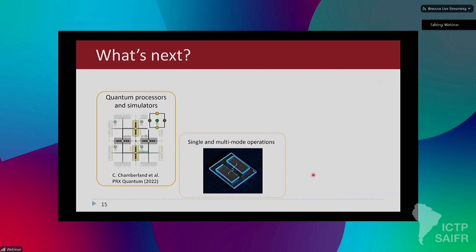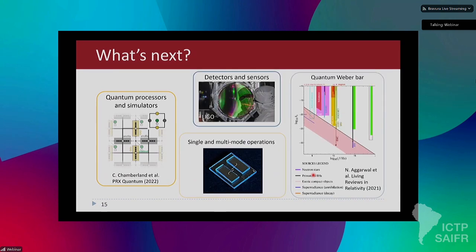All right, so just to finish up very quickly, what do we want to do with this? Of course, there are ideas of using mechanical modes to store and process quantum information. Now, this qubit is just another toolbox that might allow us to perform more operations on the single or multiple mode level. Another very important application of mechanical resonators is, of course, as detectors or sensors, with the famous example being LIGO.